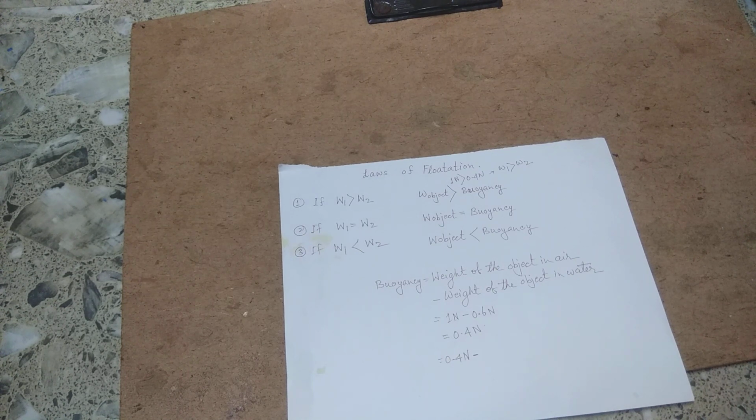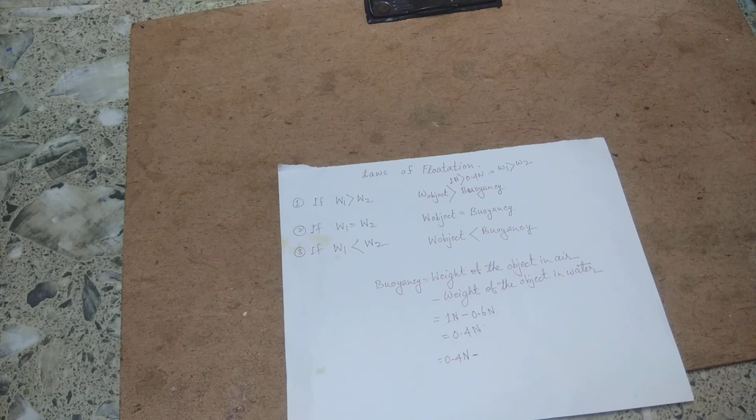In the second method, we immerse an object and measure the weight of the liquid displaced using a spring balance. With these two methods, we can find the force of buoyancy.